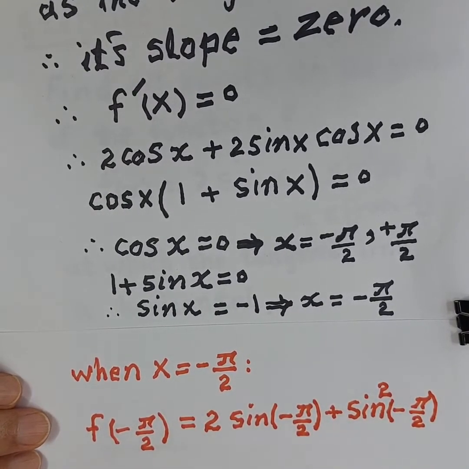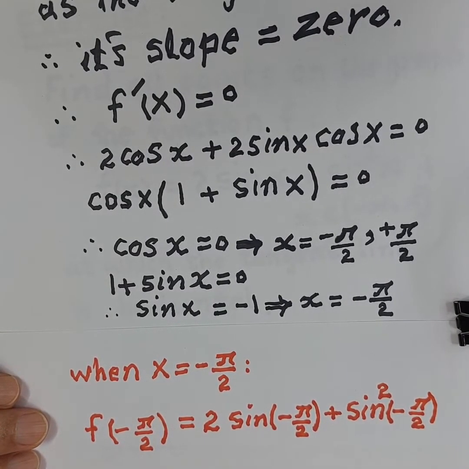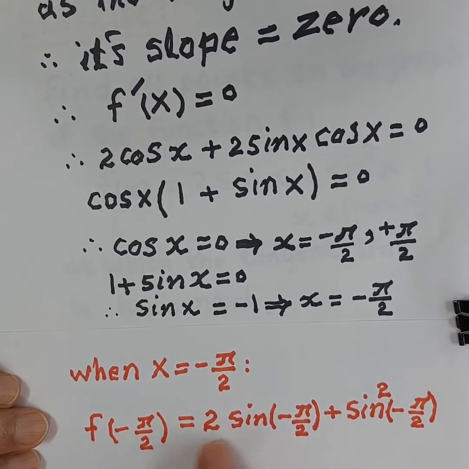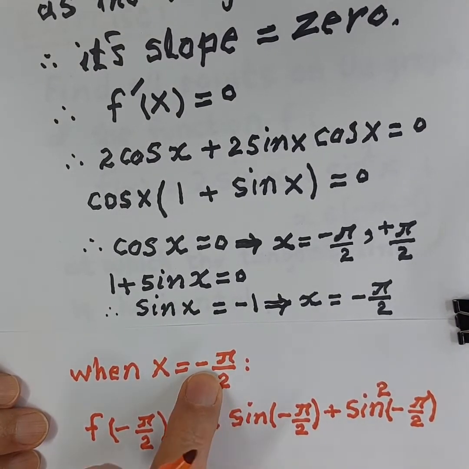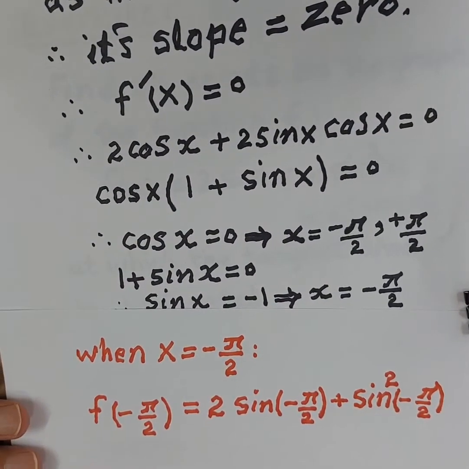And we try to find the value. The value we will get is the y value. This is the x value, and the value here is the y corresponding to the x value here. By this way, we got the first point.